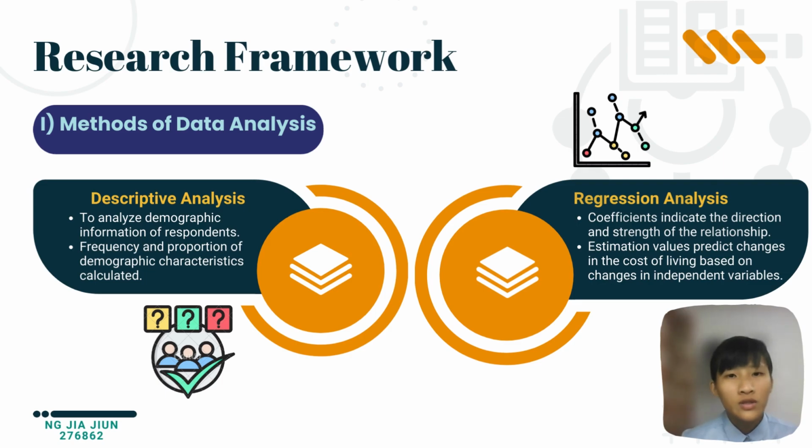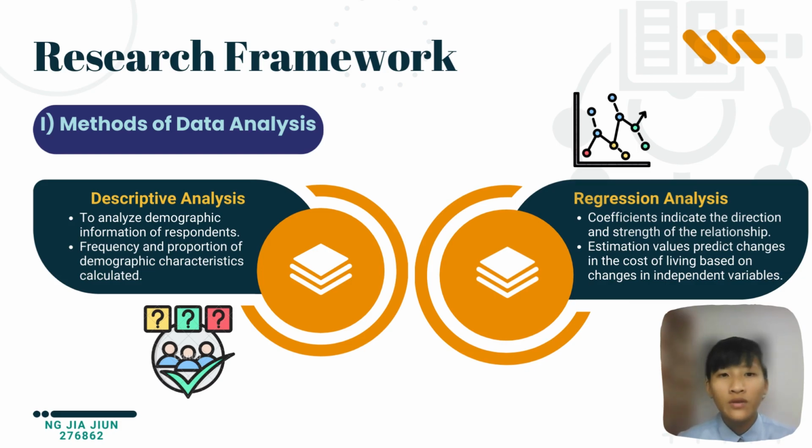The equation is represented as the cost of living equals beta 0 plus beta 1 x1 plus beta 2 x2 plus beta 3 x3 plus beta 4 x4 and also plus mu, where the beta coefficient represents the strength and direction of the relationships.